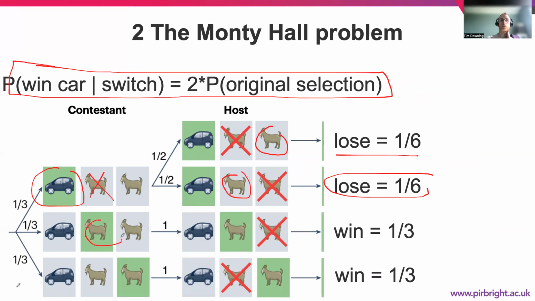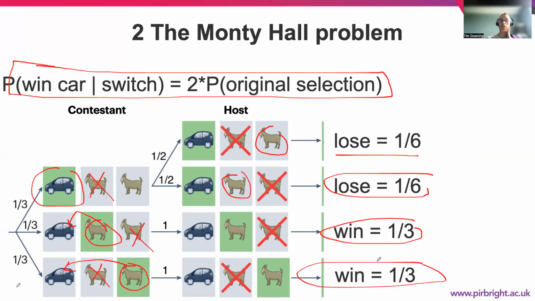However, if we choose a goat at the start and then switch, our probability of winning is 1/3, because this goat is removed and we switch to this car. In the same way, if we start with this goat and switch to this car, because this one is eliminated, our chance of that option is 1/3. So you can see that we're only unlucky if we actually chose the car at the start in this strategy.